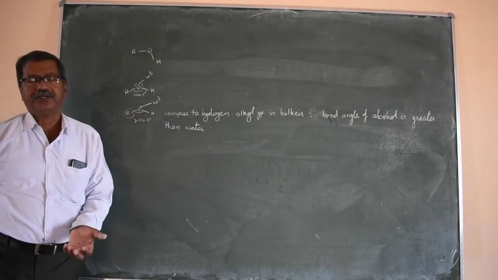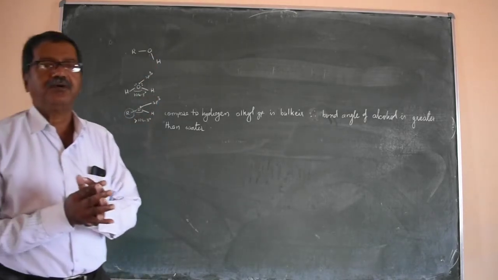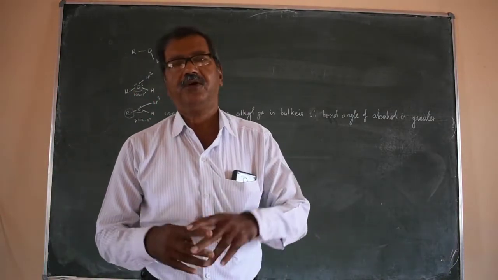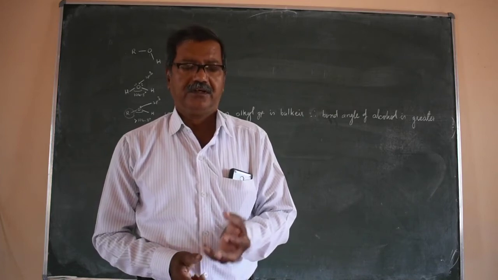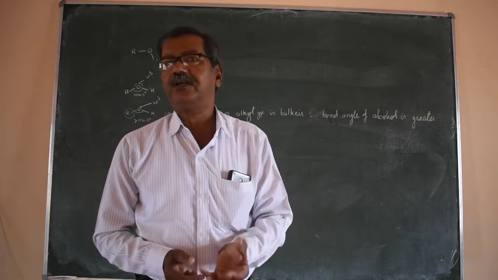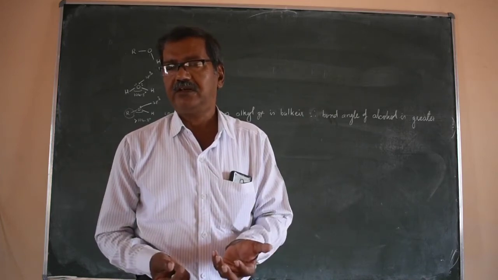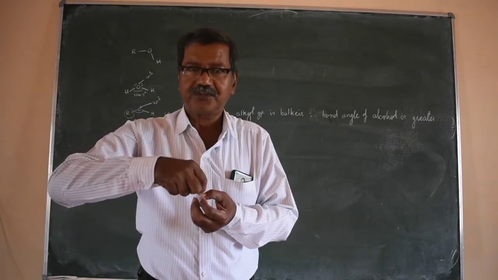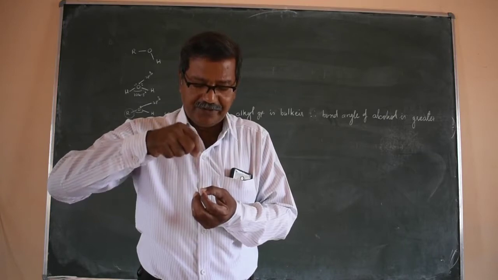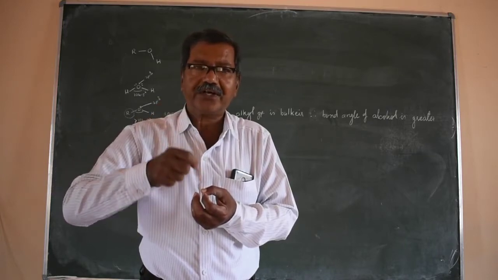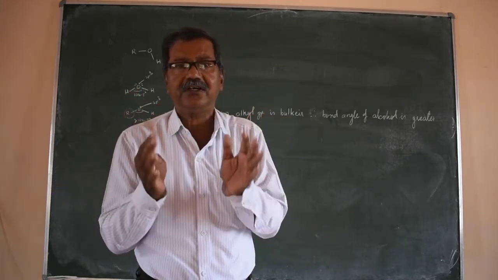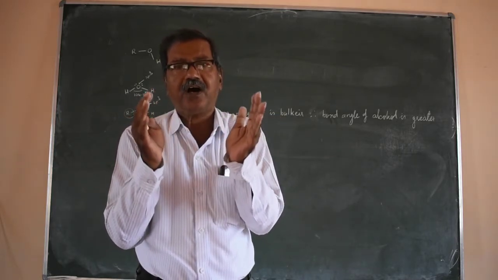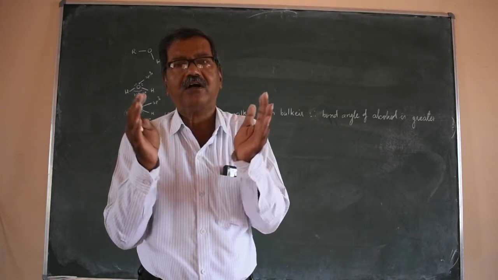In physical properties, we have to discuss the solubility of alcohols and also the boiling point. Alcohols are soluble in water. Why is it soluble? It's due to hydrogen bonding with water. And the solubility of alcohol in water decreases with increase in the R group, or with increase in the number of carbon atoms in the alkyl or aryl group.